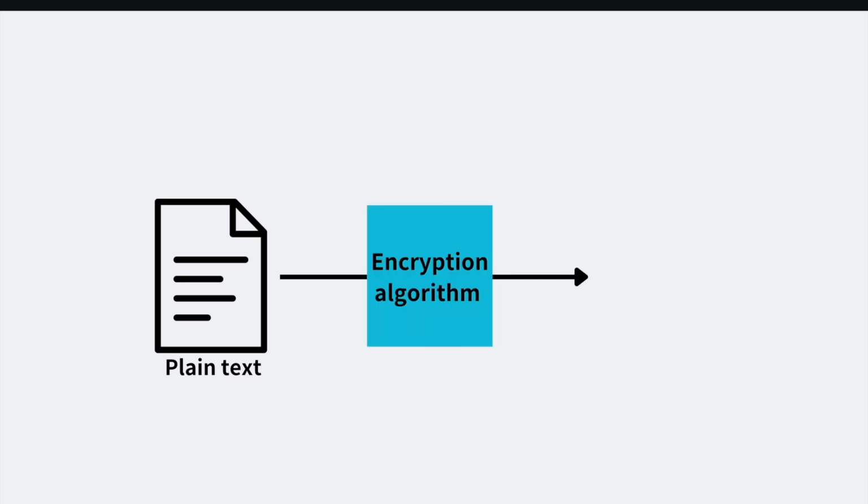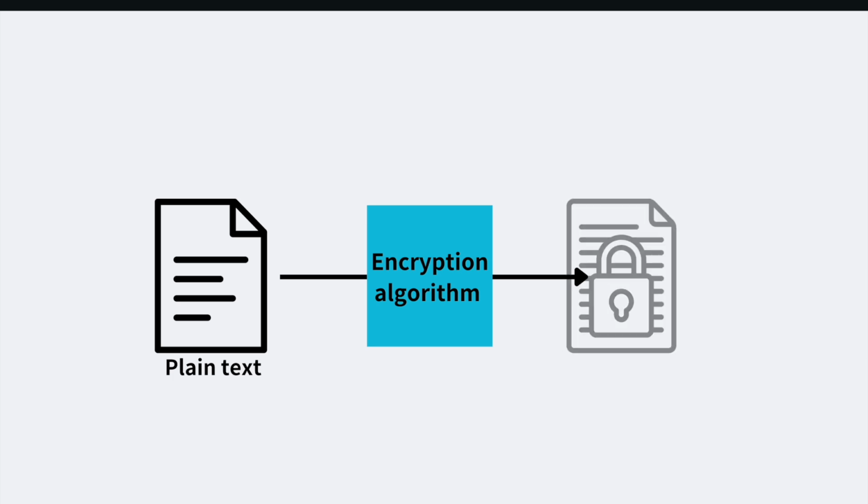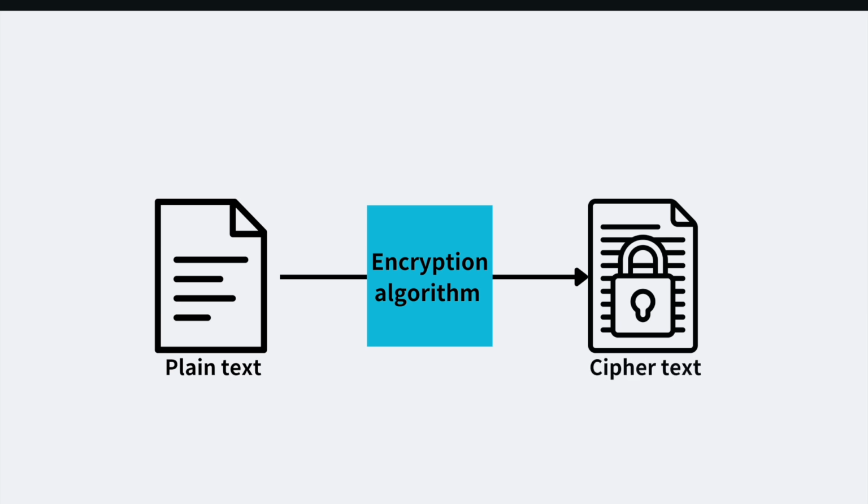In encryption, the original data being sent is called plain text. And once the plain text has gone through an encryption algorithm, it will turn into ciphertext.